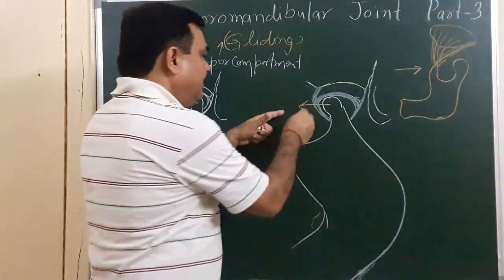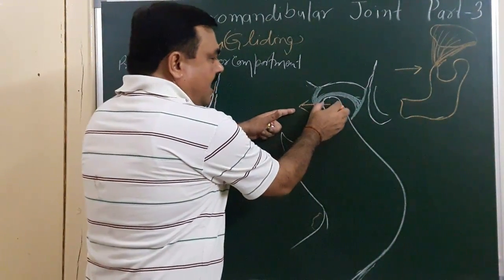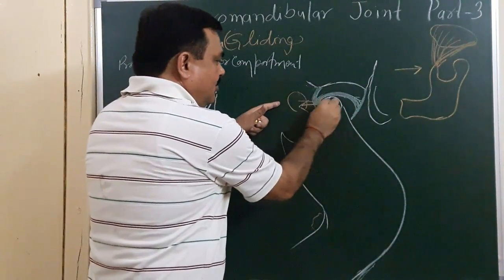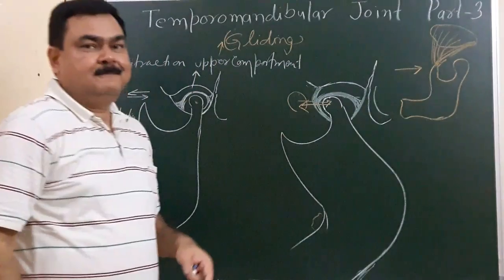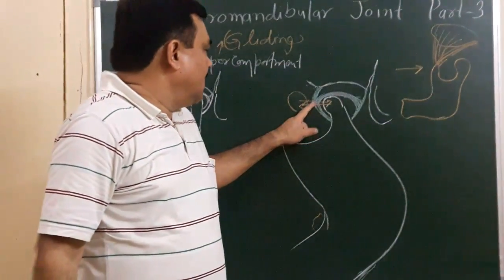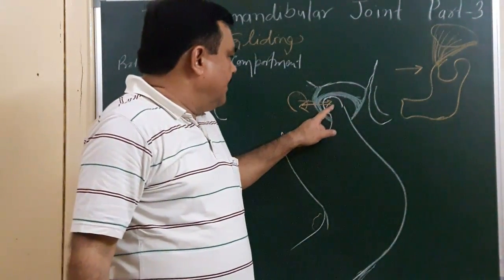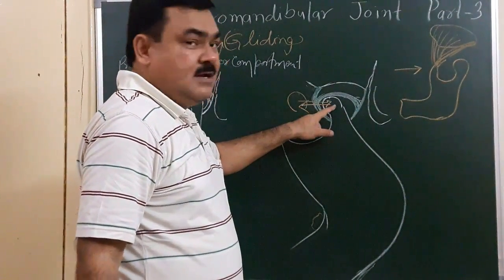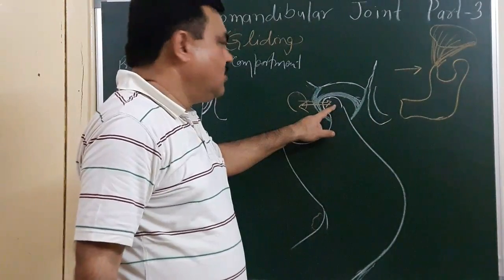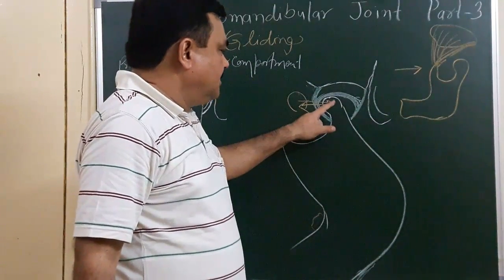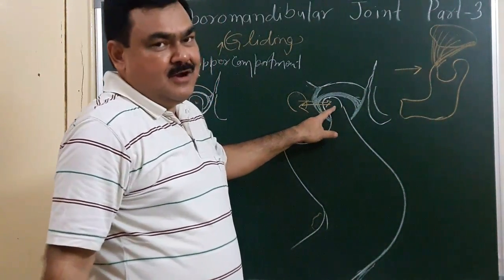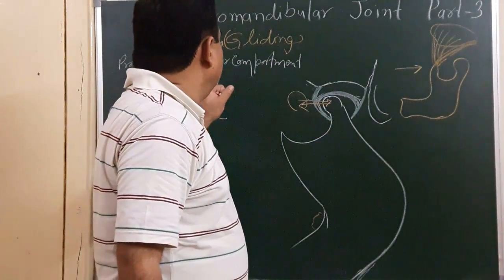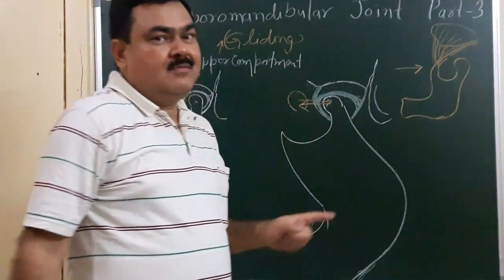After doing this, the head moves back to its original point. So this is the condition where the head of the mandible dislocates and how this dislocation can be reduced. So this is all about the temporomandibular joint part 3.